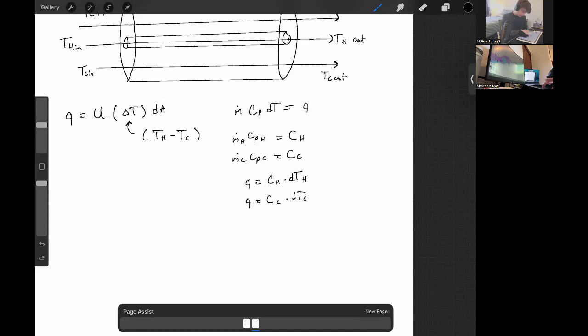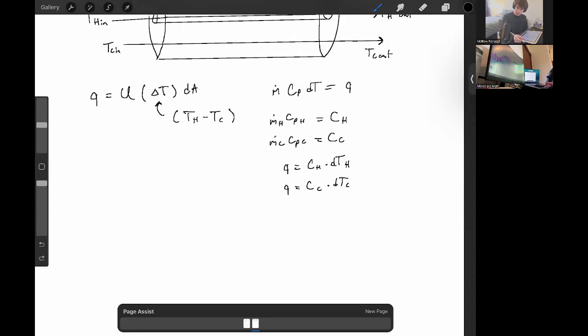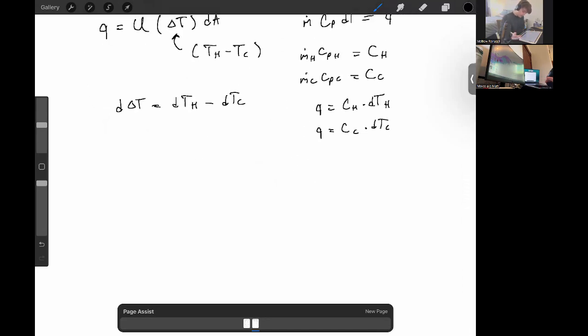So what would be an equivalent form? We could say that a change of delta T, which is the change of our system, so some gradient, equals delta T of H minus delta T of C. You can see this is algebra at this point because we know what delta T of H and delta T of C are.